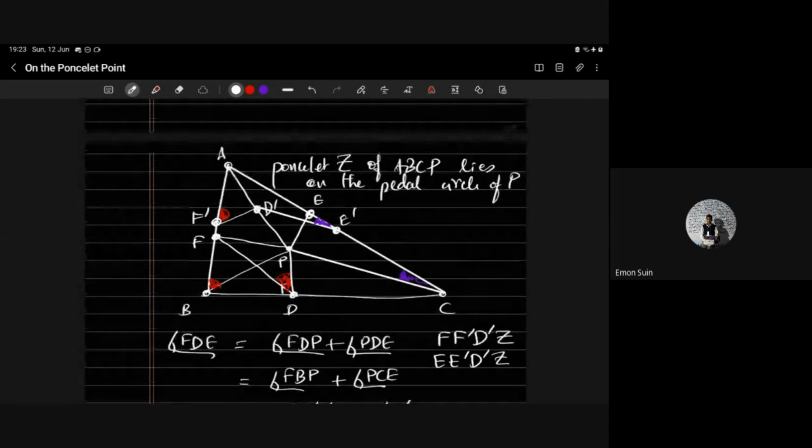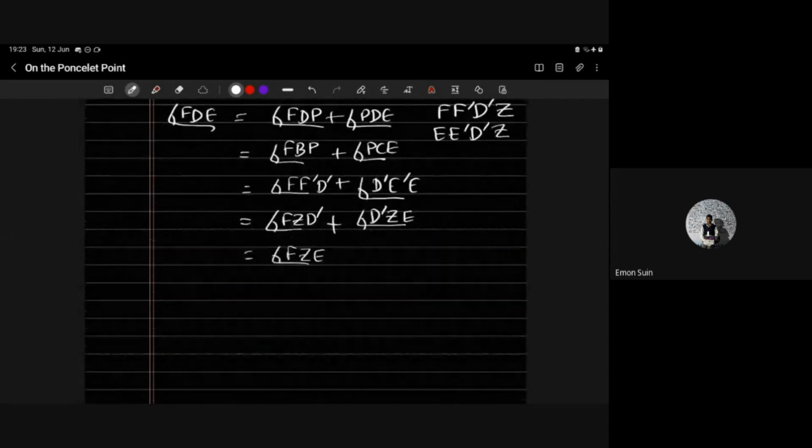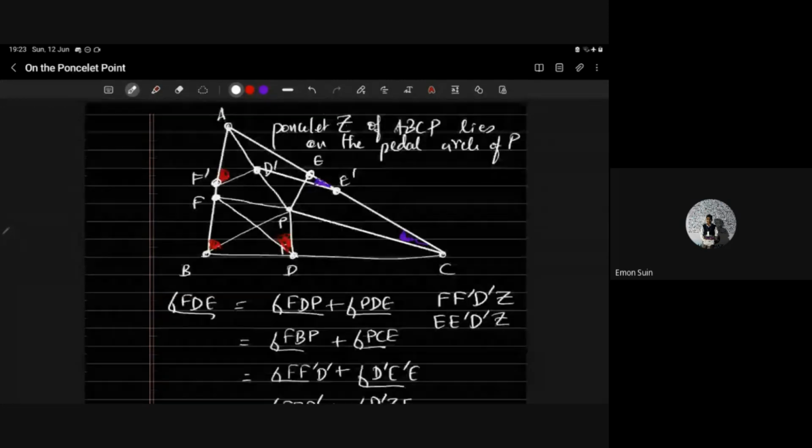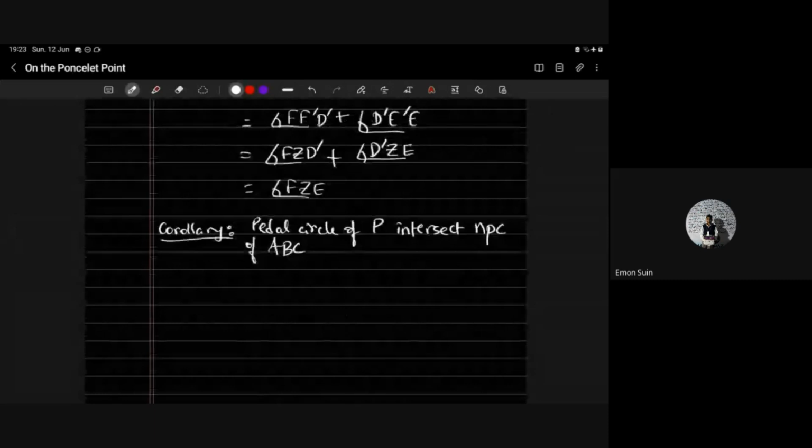Okay. So here's an interesting and strange corollary. The pedal circle of P intersects the nine-point circle of ABC. In general, there will be two intersection points of two circles if they intersect.